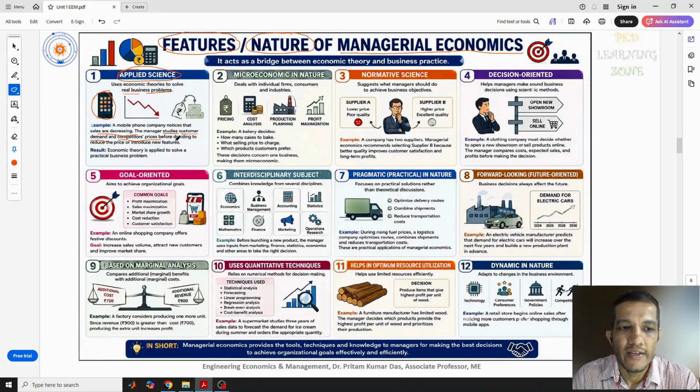Before deciding to reduce the price or to introduce new features, either introducing a new phone or deciding the price of the phone, he needs to study the customer demand as well as the competitor's price and some other aspects also. So finally, the economic theory is applied to solve the practical business problems, and the benefit can be increased.